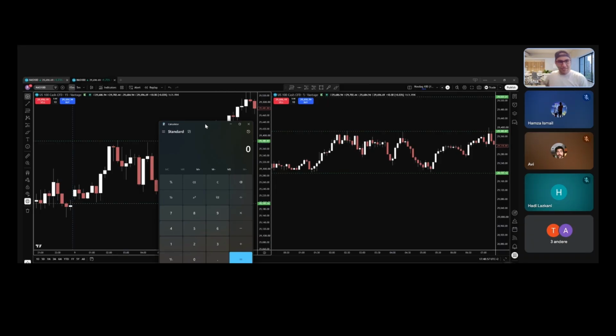What do we see here, guys? I see a giant candle here, okay? And after that, it took 1, 2, 3 candles to come close nearby here.